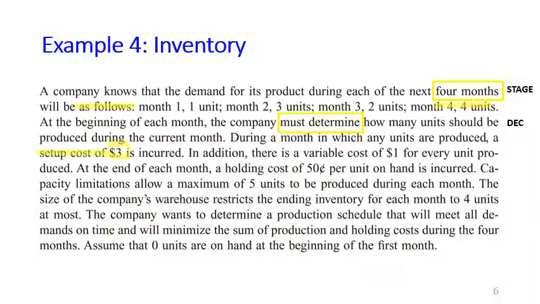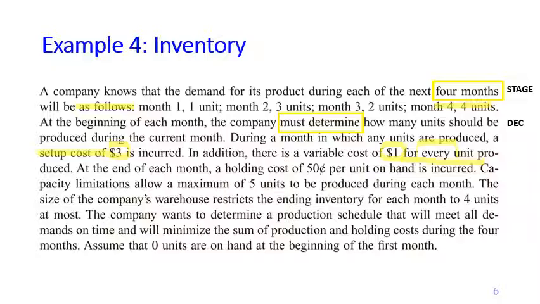So if you produce, let's say 1 unit, 2 units, 3 units, and so on, we have the setup cost of $3, and this is fixed. As long as you produce something, you pay $3. And then variable cost depends on how many units you produce because it says $1 for every unit.